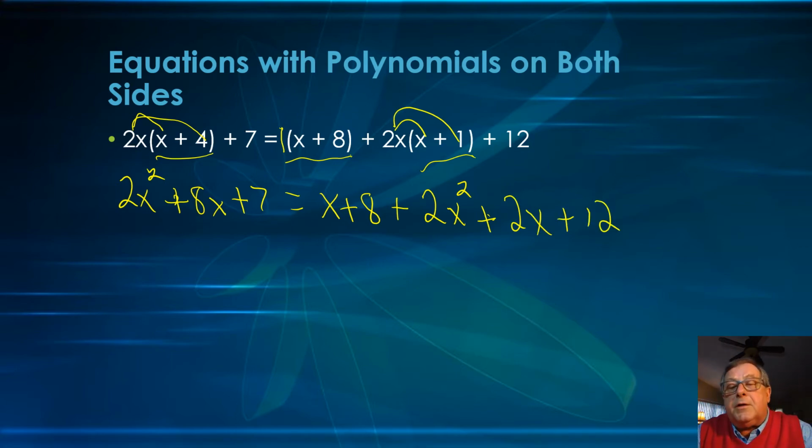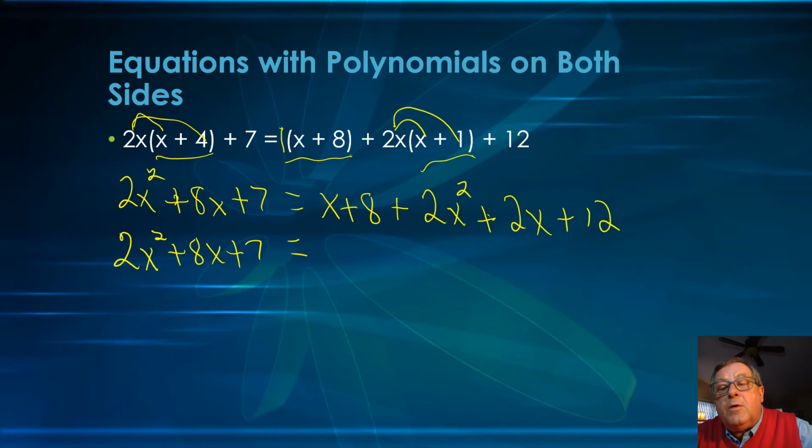Well, let's combine like terms first. Over here on the left, I don't have any like terms to combine. I've got 2x squared plus 8x plus 7. But on the right-hand side, I'm going to rewrite this. But over here on the right side, I see I've got an x to the first and a 2x to the first, so I can combine that.